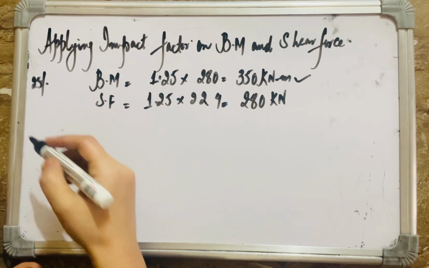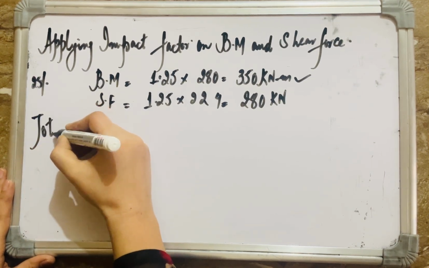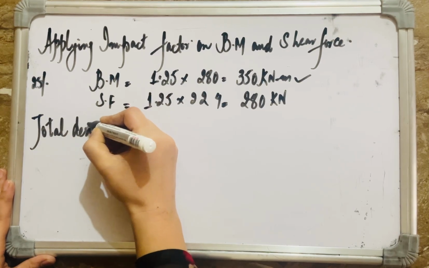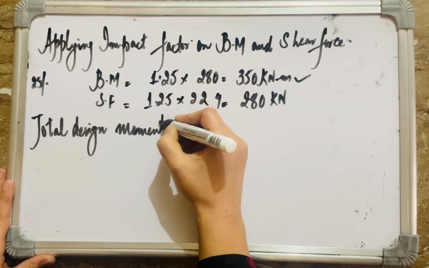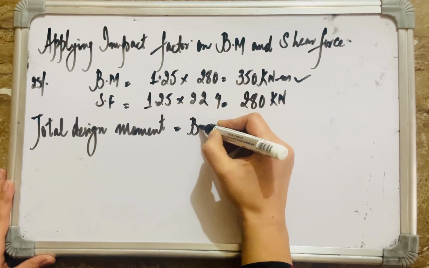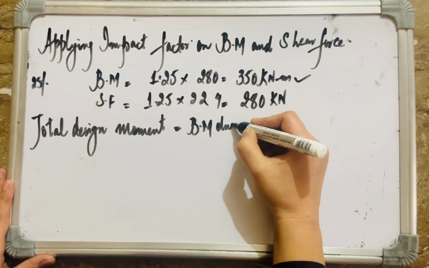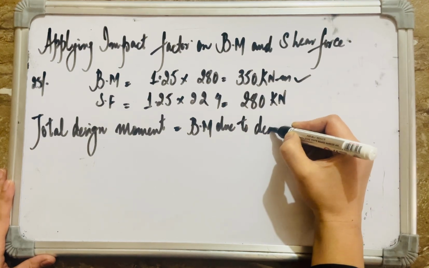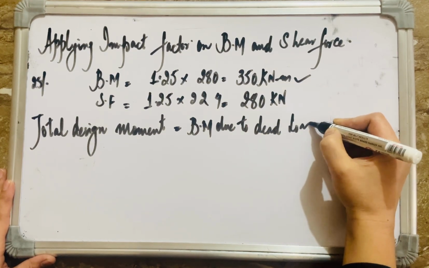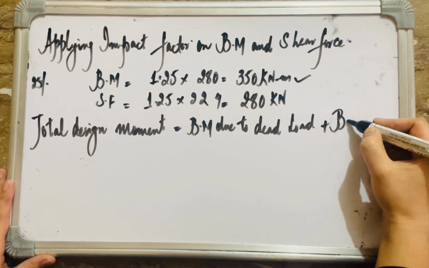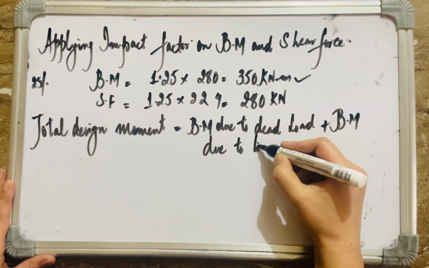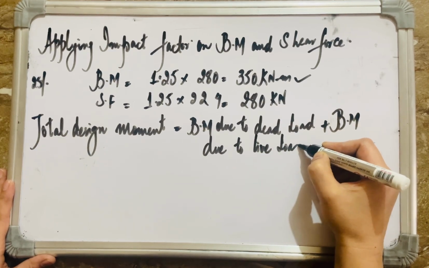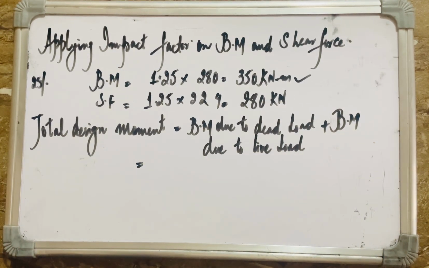All right, now total design moment. Total design moment for my stringer beam is bending moment due to dead load plus bending moment due to live load. How much is my bending moment due to dead load?